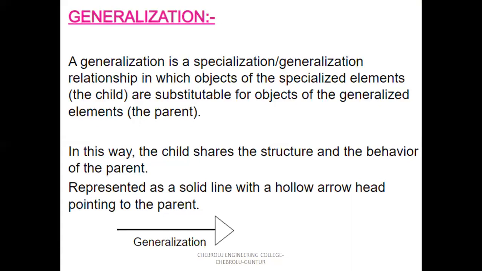It is represented by a solid line with a hollow arrowhead pointing to the parent. Suppose the relation between superclass and subclass. Generalization simply represents the relation between superclass and subclass. The subclass automatically includes the superclass properties. For example, in the Java language, the superclass and subclass.